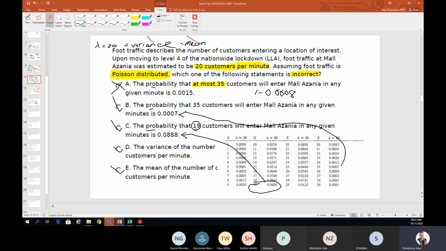shopping mall? If I needed to work that out, in normal terms I would say, okay, what's the probability of 0 customers, then 1, and I would need to add all of them up until 35.